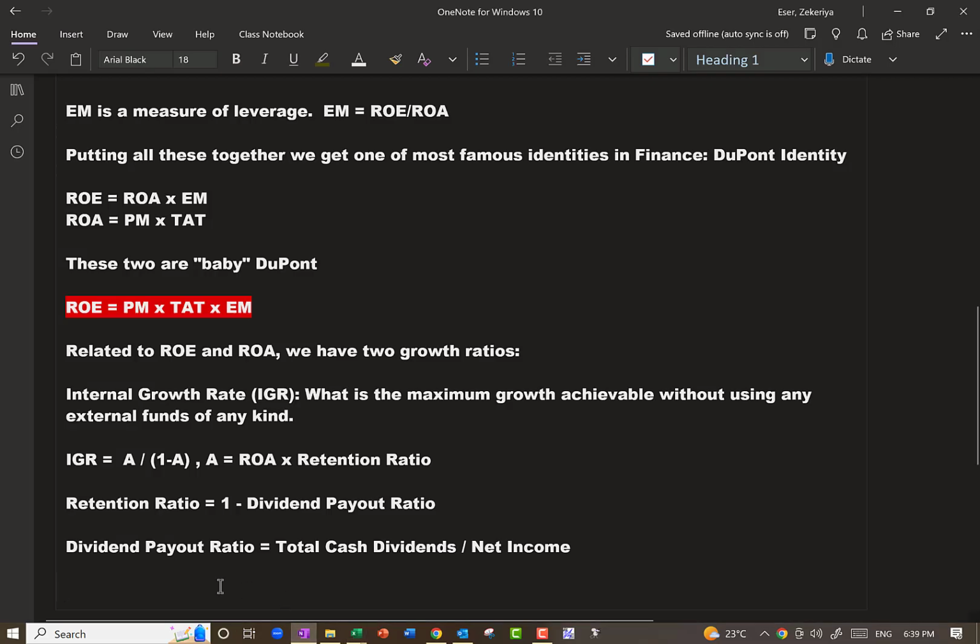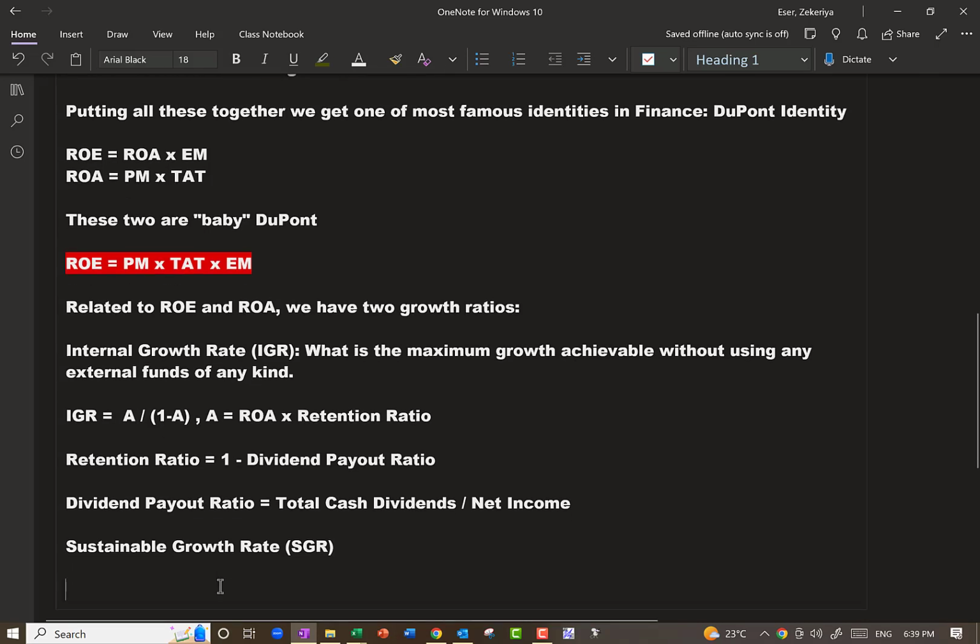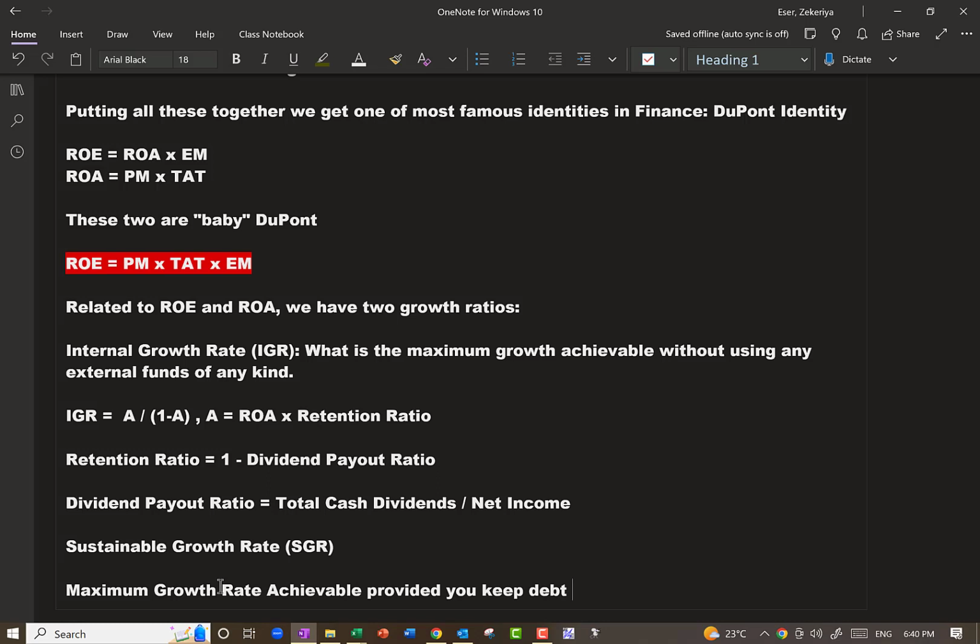Another growth number we're going to calculate is called sustainable growth rate, or SGR. This SGR is the answer to the following question: maximum growth rate achievable provided you keep that equity ratio the same.